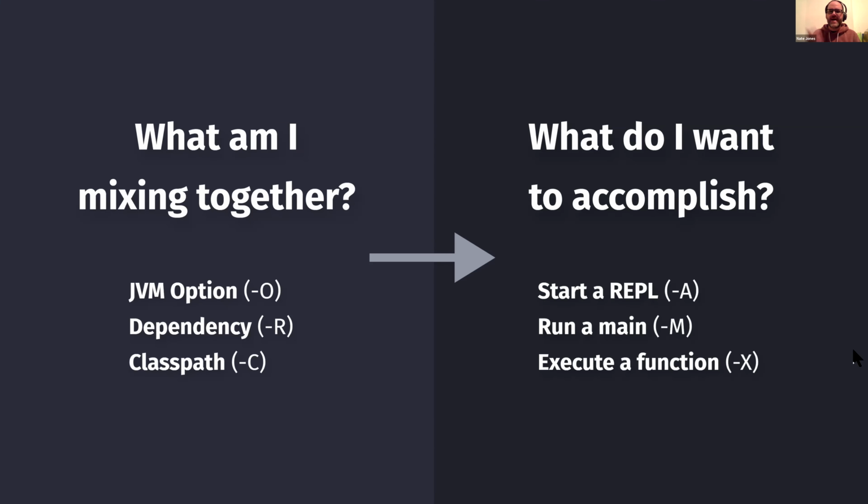What is the task that I want to do right now? Do I want to start a REPL, run a main, or execute a function? And all of the aliases basically combine together; there's not really any special kinds of aliases. There's just different ways of mixing them together to support what you want to accomplish.